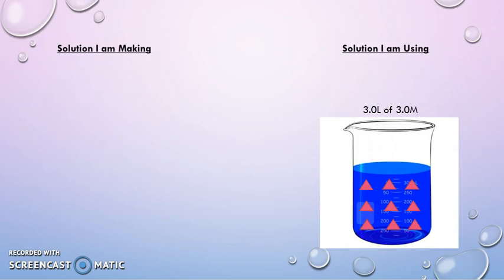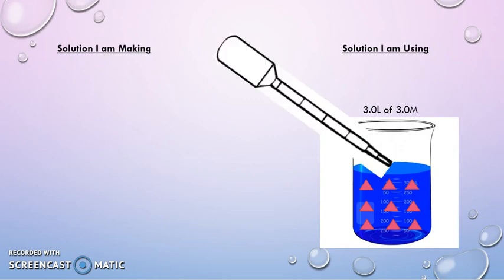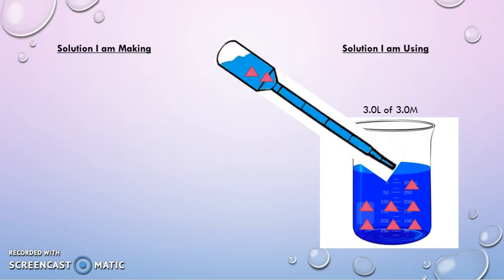Now what we need to make sure that we're doing is to measure out 0.66 liters of that solution. So I'm going to go grab a pipette and I'm going to remove exactly 0.66 liters or 660 milliliters. Now notice what that essentially equated to was 2 moles of material being removed from my container.